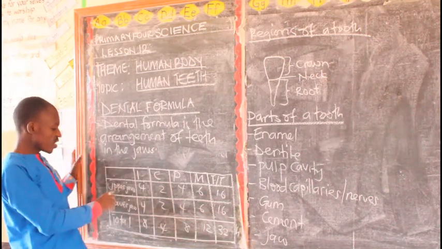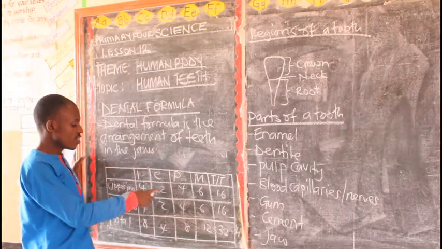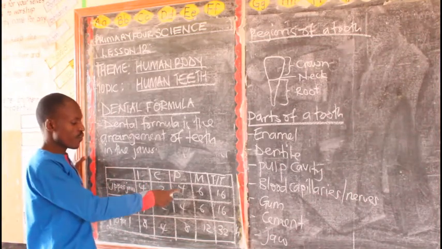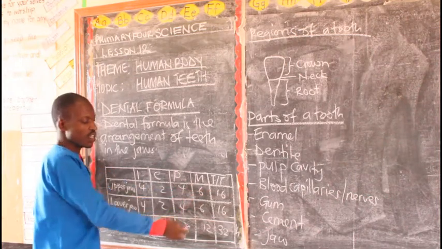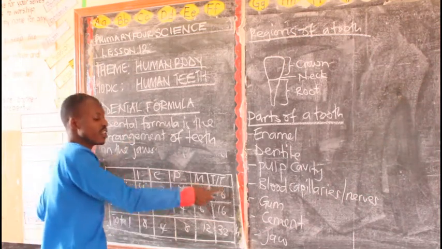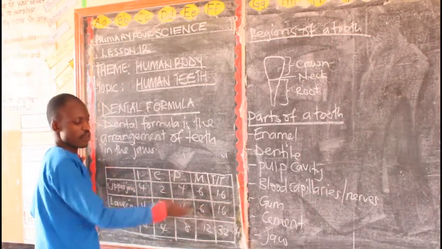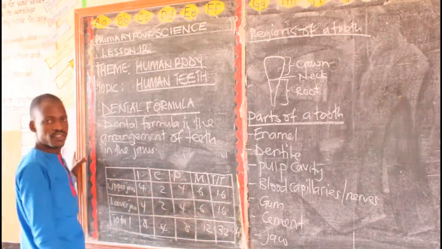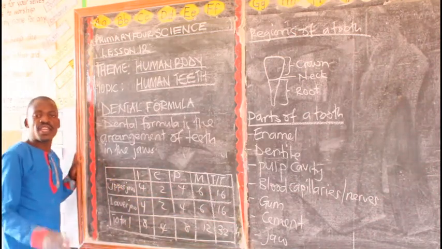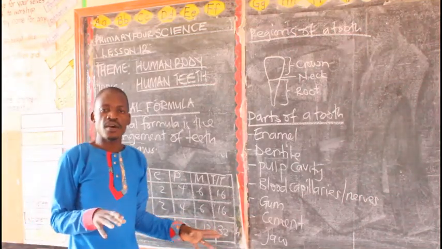So when you add the teeth in the upper jaw, 4 plus 2 is 6, 6 plus 4 is 10, 10 plus 6 we get 16. So the upper jaw has 16 teeth. Even the lower jaw has 16 teeth, which means that when you add the upper jaw and lower jaw, we get 32 as the total number of teeth. Meaning that an adult person has 32 teeth in the body.